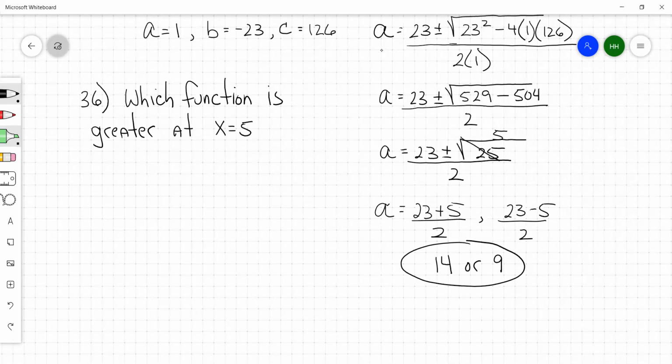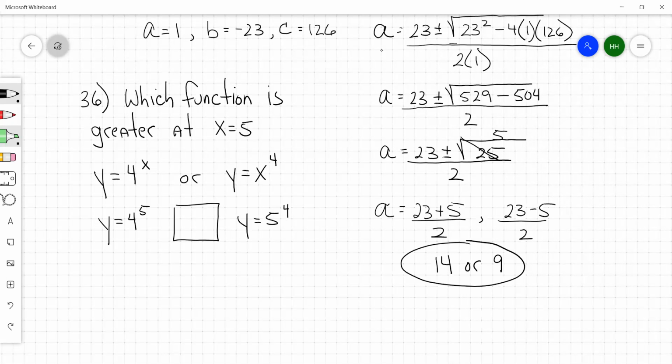One of the functions is y equals 4 raised to the x power. The other function is y equals x to the 4th power. And what that means is to just take the 5 and substitute it into both and evaluate. So we're going to compare y equals 4 raised to the 5th to y equals 5 raised to the 4th.